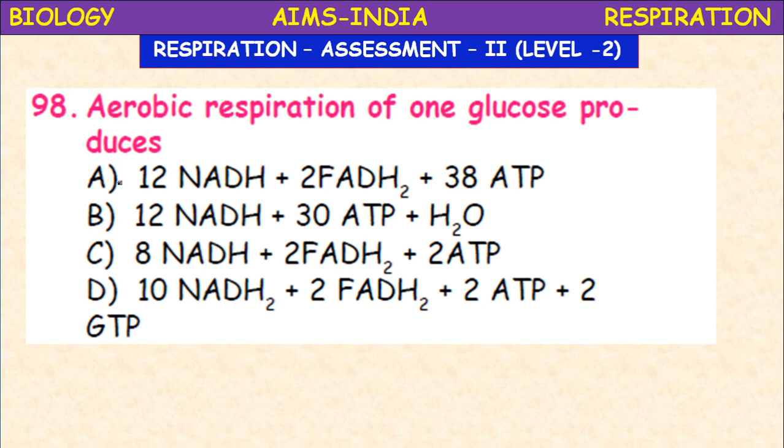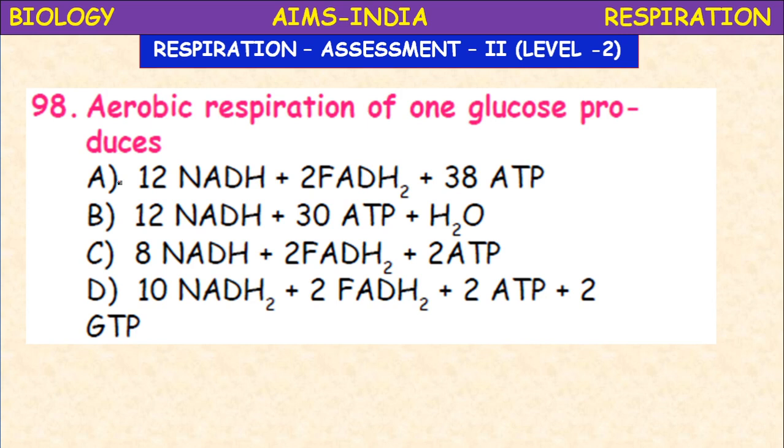Okay, what is the right option? 12 NADH, 30 ATP plus H2O; 8 NADH2, 2 FADH2 plus 2 ATP; 10 NADH2 plus 2 FADH2 plus 2 ATP plus 2 GTP.